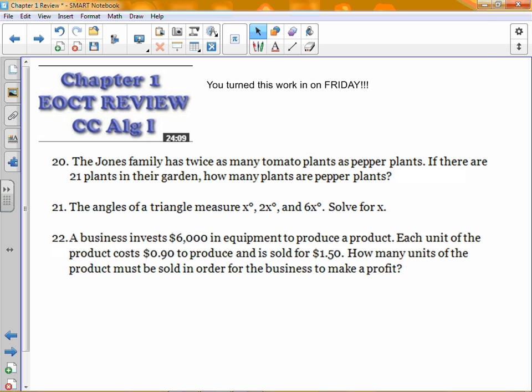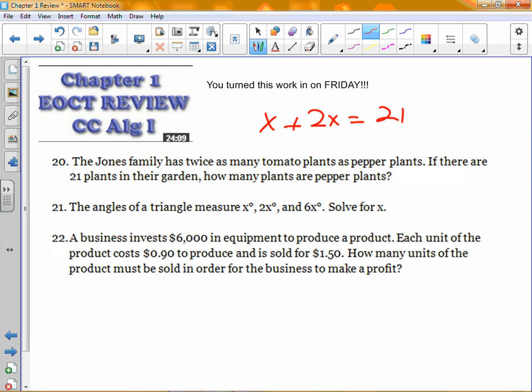X. So what I have is X plus, again, I don't know in this problem how many tomato plants they have, but whatever that value is for the pepper plants, if you say twice that amount, it gives you the tomato plants.